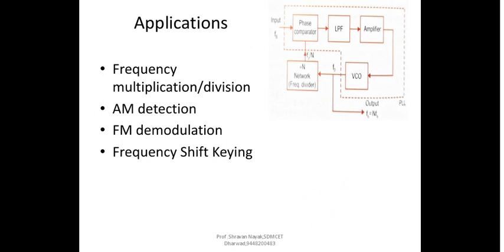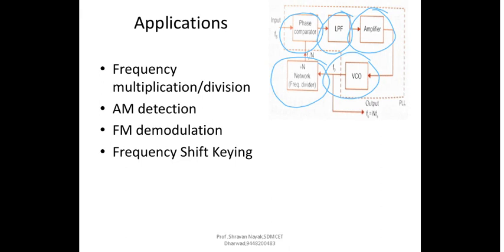What you can do here, you can see you have got a phase comparator, LPF, amplifier, VCO. These are all the parts of your PLL. Now, generally what we do is connect the VCO output directly to one of the inputs of the phase comparator. But here, we make use of a divide by N counter. So whatever F naught you are having here, we feed through a divide by N counter.